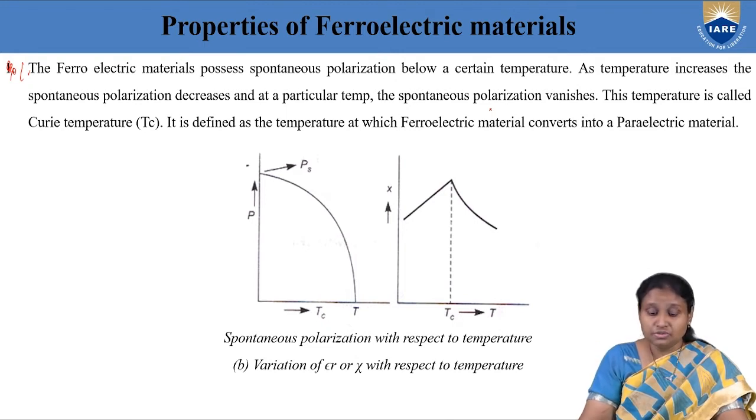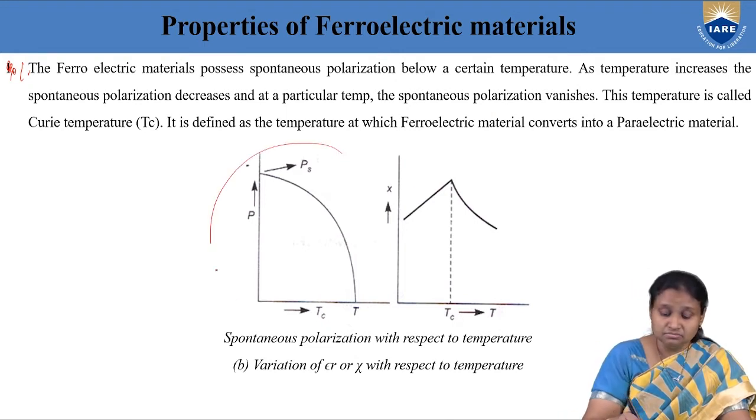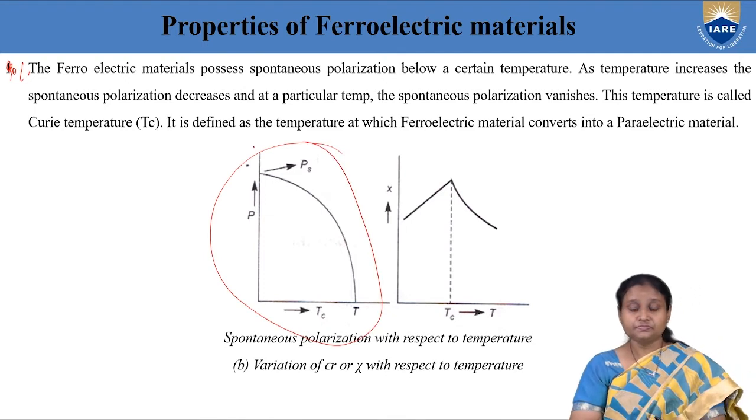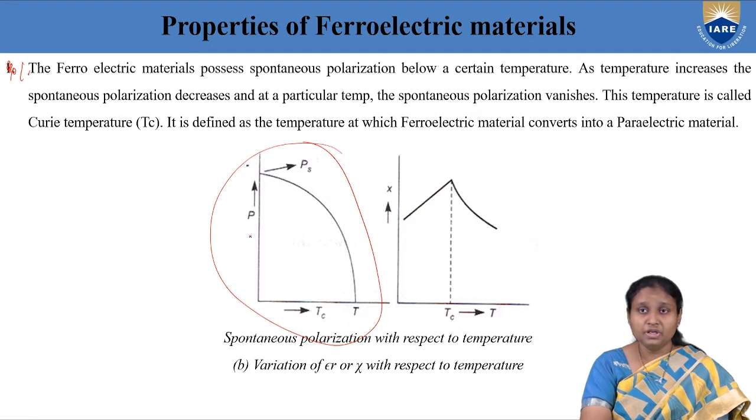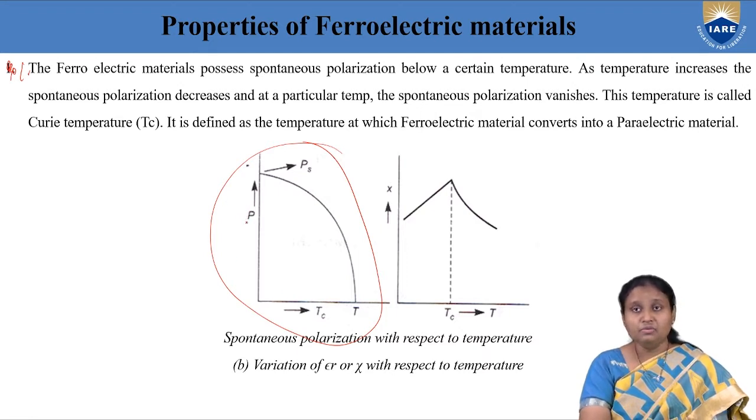How it is going to change, we can understand in this first figure. On the x-axis, I have taken temperature T, and with respect to this temperature, we are taking the polarization associated with the ferroelectric material. First, what is PS?